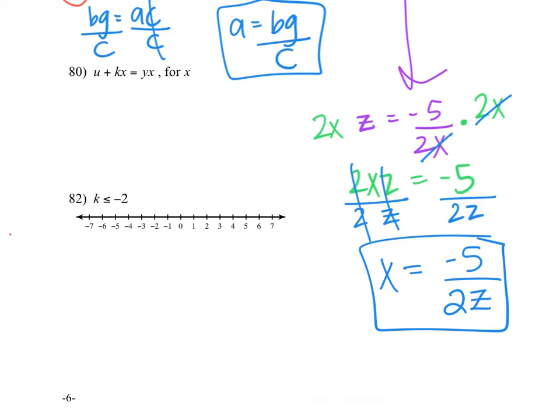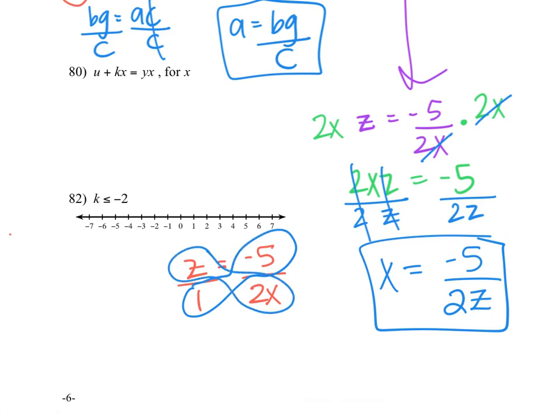Now there's a different way you could have actually solved this. I'm going to do it again. So z equals negative 5 over 2x. And this is actually over 1. Anytime you have two fractions, you can actually cross multiply. So I get negative 5 equals 2xz.